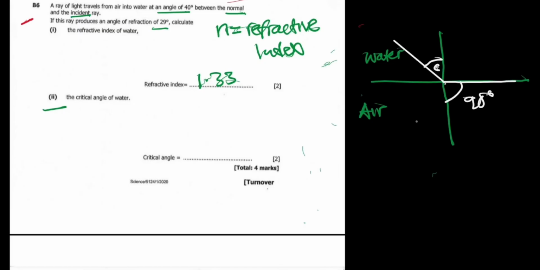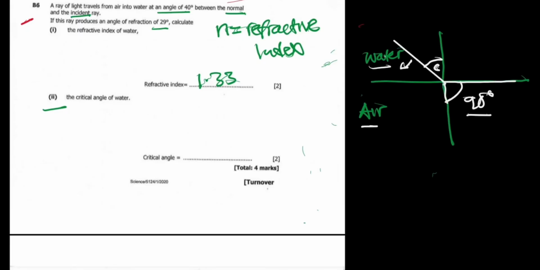Now, the conditions for this to take place: light has to be traveling from a more dense medium like water into a less dense medium. Not only that, the angle of refraction must be at 90 like this. Now, let's just assume that this angle of incidence is extended to this position.